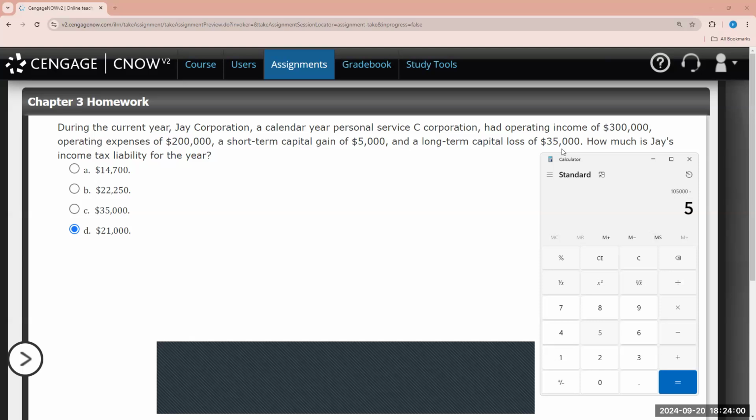So we can only deduct a $5,000 loss. And that is how we calculated $100,000 of taxable income. We multiply it by the flat tax rate of 21%. Therefore, the income tax liability for the year is $21,000.